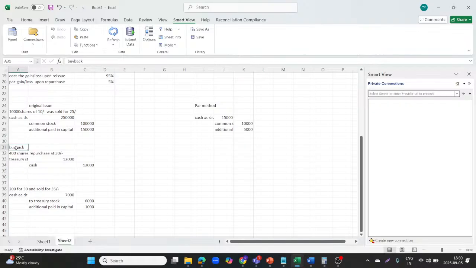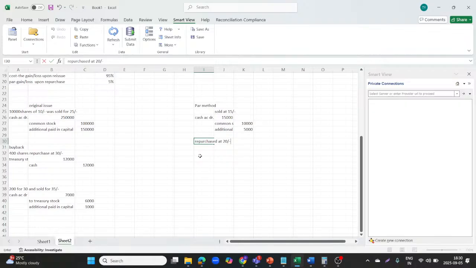Now if you are buying back, suppose 200 shares were repurchased for 20, you have sold at 15, now you repurchased at 20, that means buyback at 20 per share.